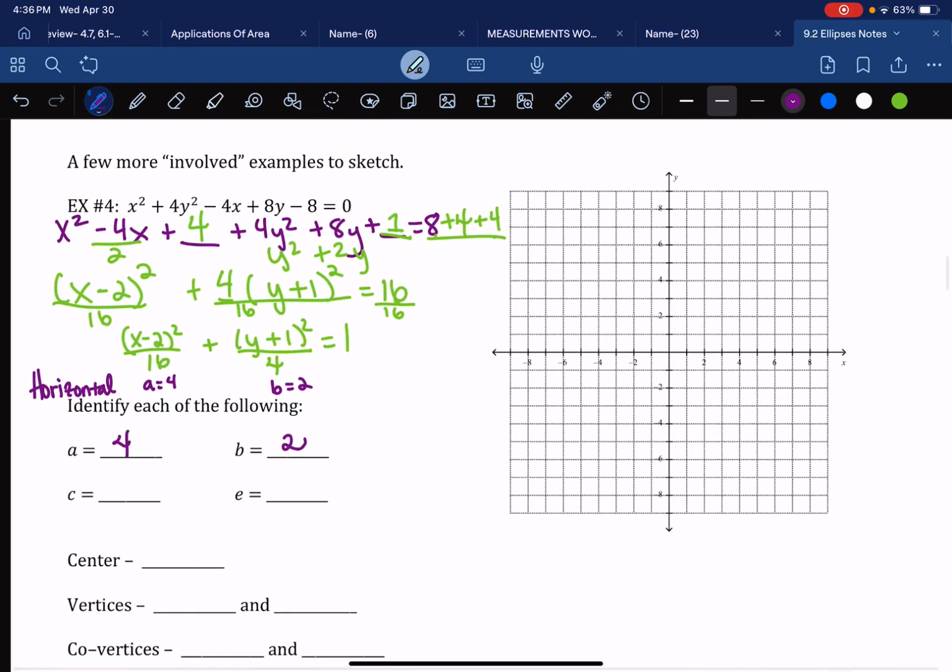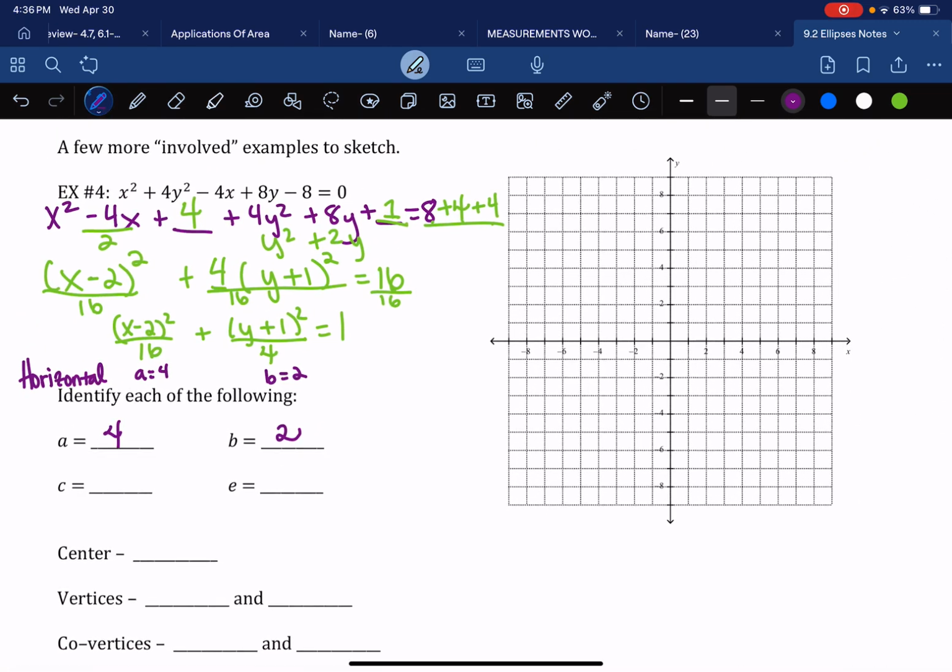So let's put what we have down so far. I have that my center is going to be at (2, -1). Okay, so 2, -1, there's my center. All right, let's look at our vertices.